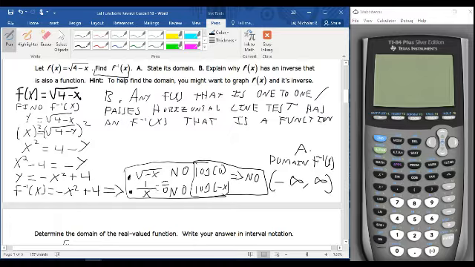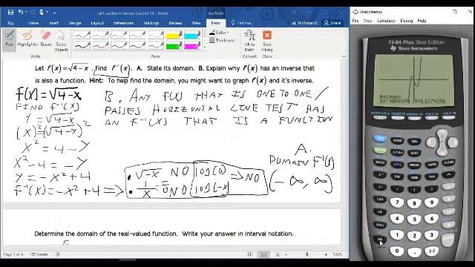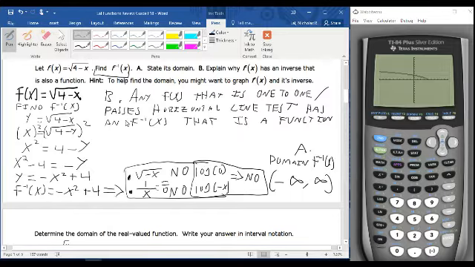So when we look at f of x, which is the square root of 4 minus x, graphing the function, you will see that, let's go to pen, the function looks like that.